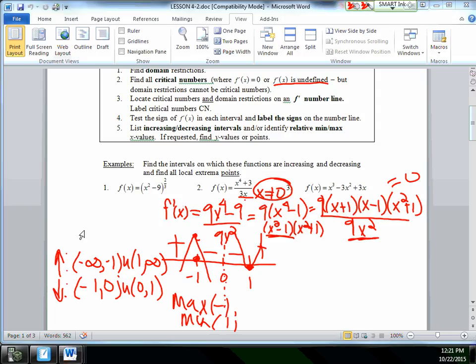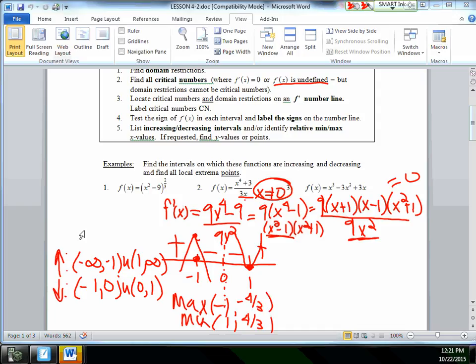To get those y values, you plug back into the original. Our min is 4/3, and our max is -4/3.